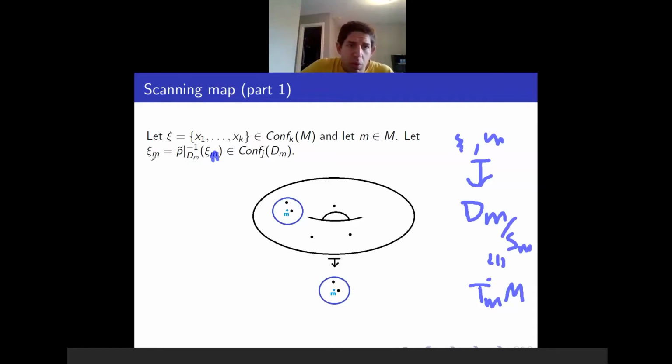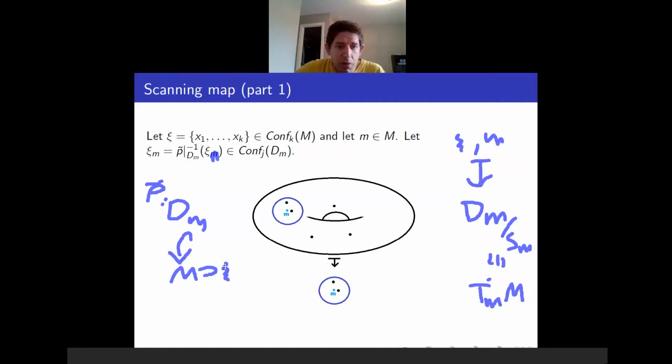So P tilde restricts to give an embedding of the disk D_M into the manifold, and then you can think of squiggle as being a subset of the manifold.